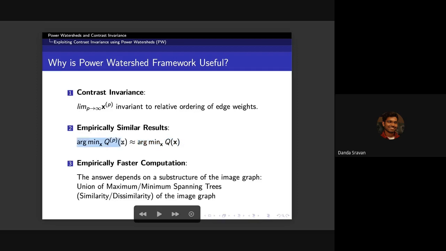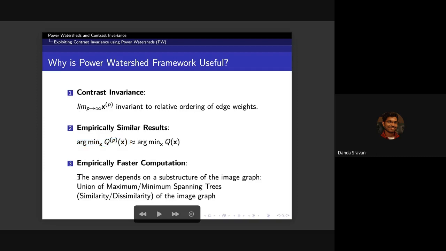This is not an exact result, but from the application point of view, the results I'm going to get would be quite desirable. These are very close to what I would have got if I had directly minimized the original cost function. The advantage is that the computations would be much faster because of the way we design the algorithm. That part again would be very clear.